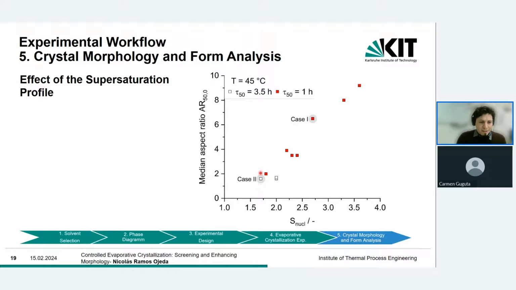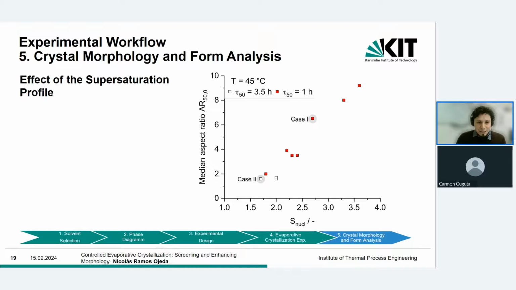The white boxes are the cases with the evaporation performed slowly, and the red squares are when we perform experiments with fast evaporation. So first, the fast evaporation had a higher variability and promoted the nucleation onset at higher supersaturations, which is not the case when we perform the evaporation at a slow evaporation rate.